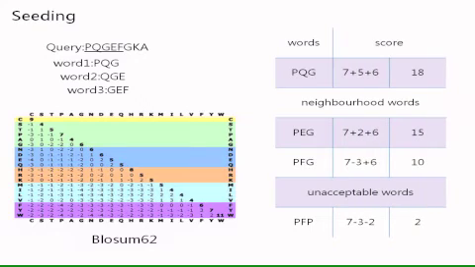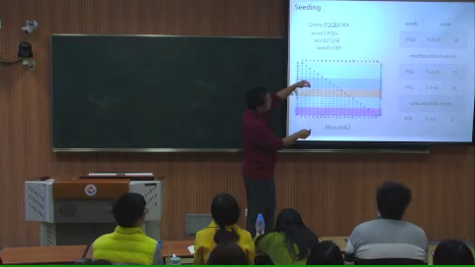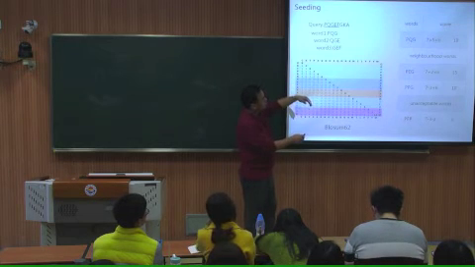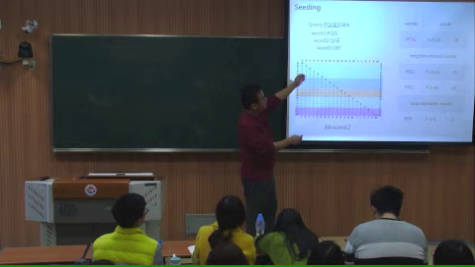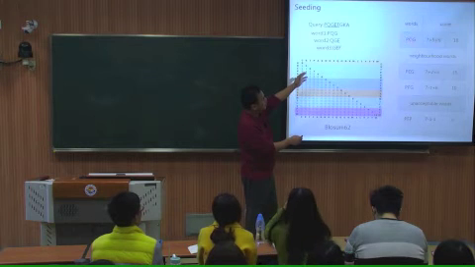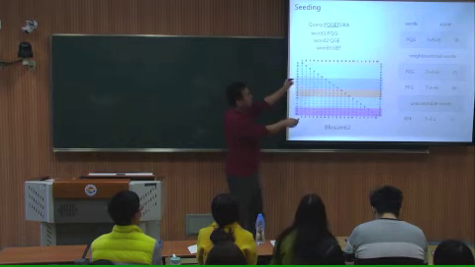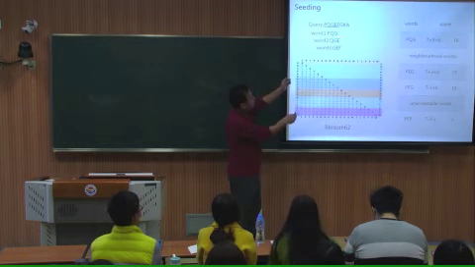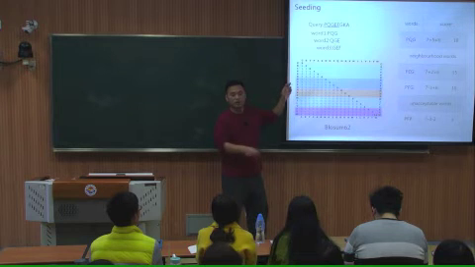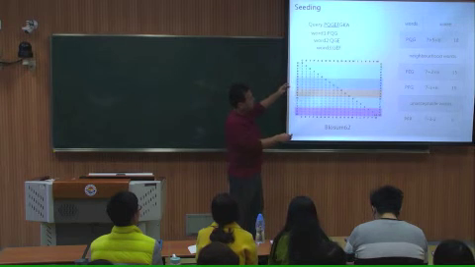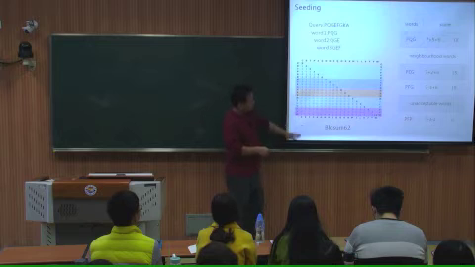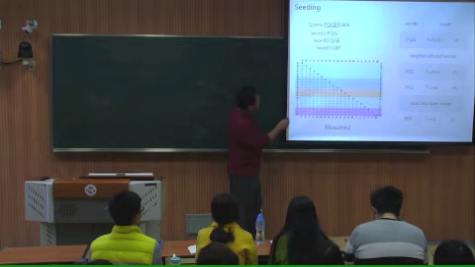So the score PQG. This is the query, and those are possible sequences that match the query. The PQG here means we have an exact match: P matches P, Q matches Q, and G matches G. For P matching P, we can find the score from this BLOSUM matrix.